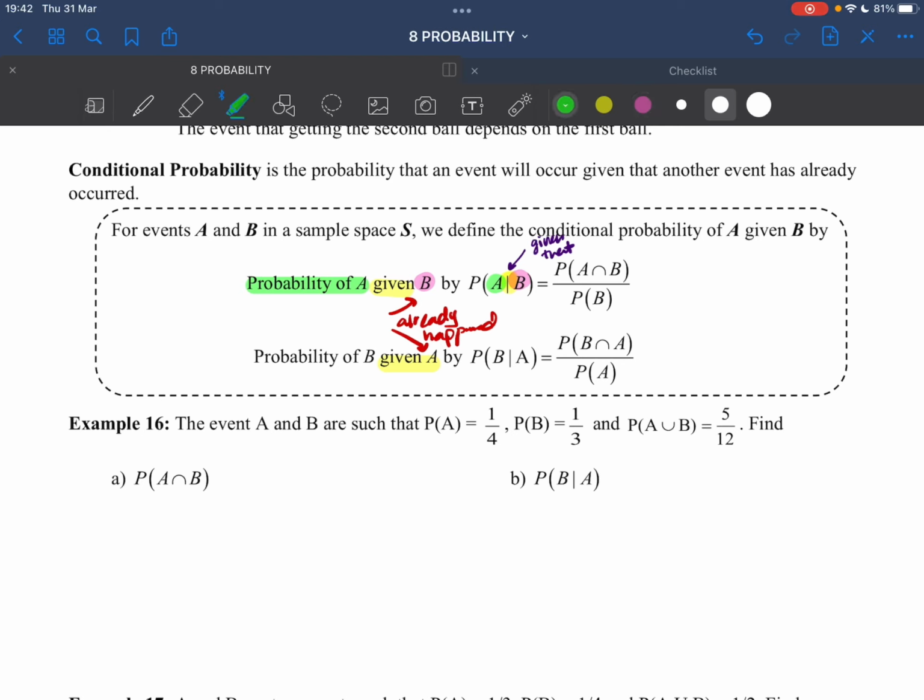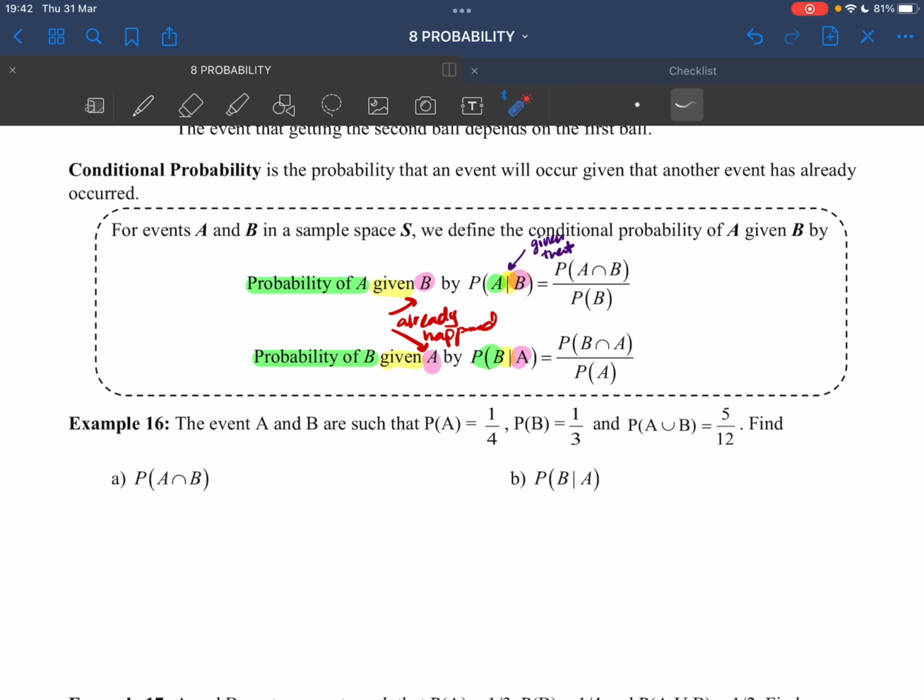Probability of B given A, the bar there, A. The given event has to be at the back, and the one in front is A. Sometimes the question says given B, find the probability of A. So given B has to be at the back. Whenever you see given something, the given event has to be at the back.